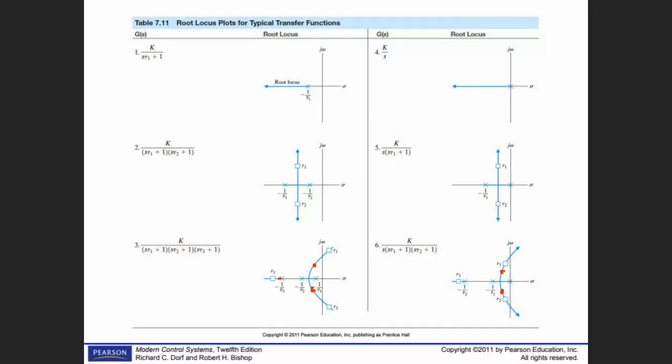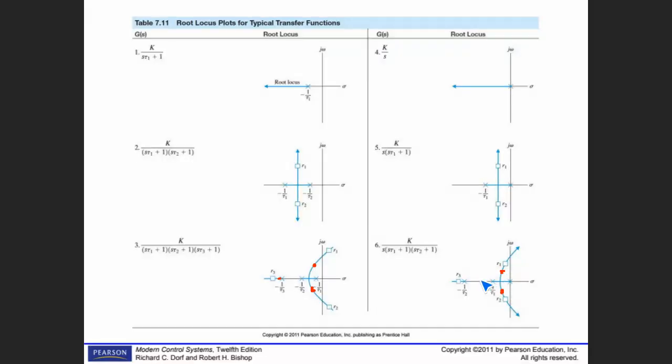Which one is faster, by the way? That one, or this one, or this one? Faster. If you move away from origin, it becomes faster. We also remember the TS, settling time, for the second order system, which was 3 over sigma or 4 over sigma.